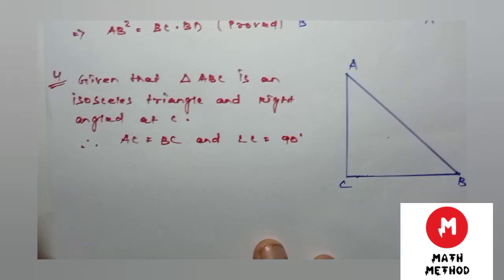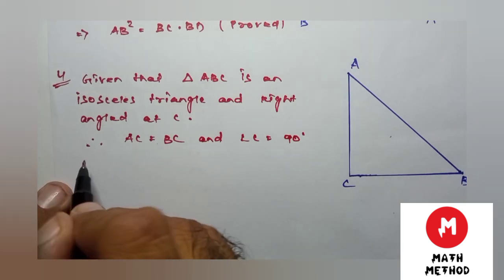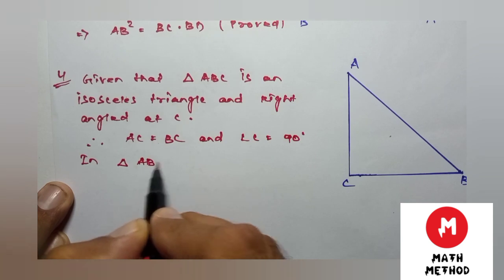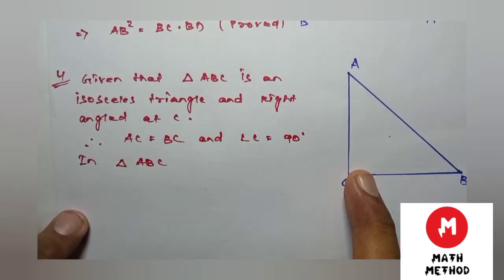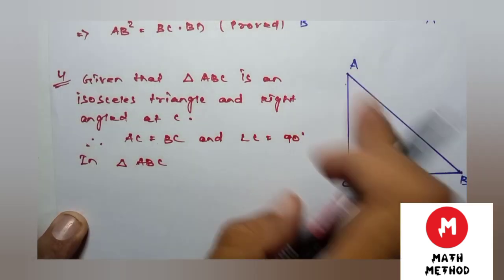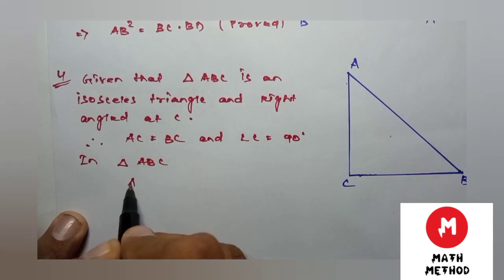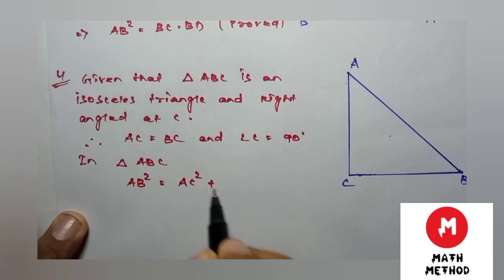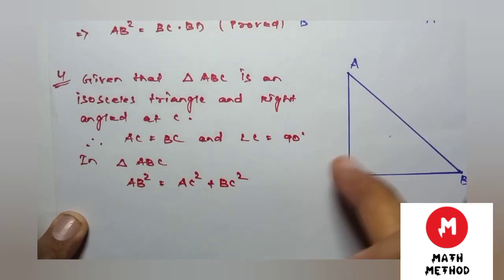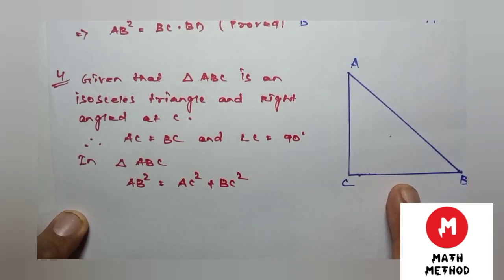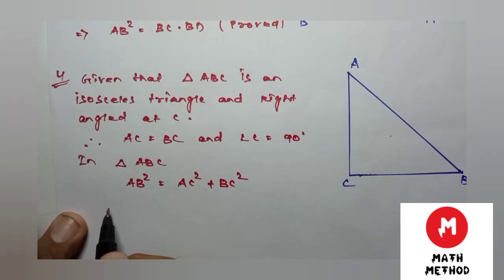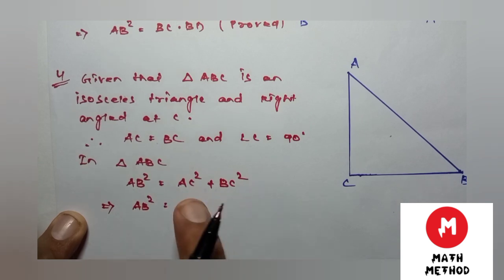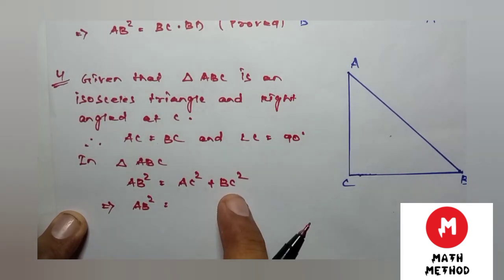Clear? Now in triangle ABC, as angle C is 90 degrees, AB is the longest side, so AB square is equal to AC square plus BC square. Clear? Perpendicular square plus base square. This implies AB square is equal to, we know that AC is equal to BC.